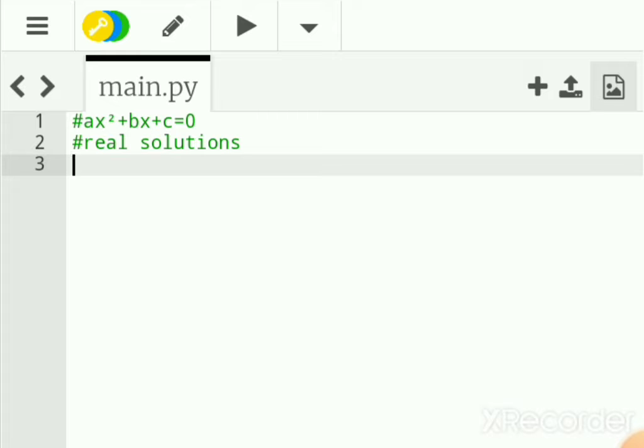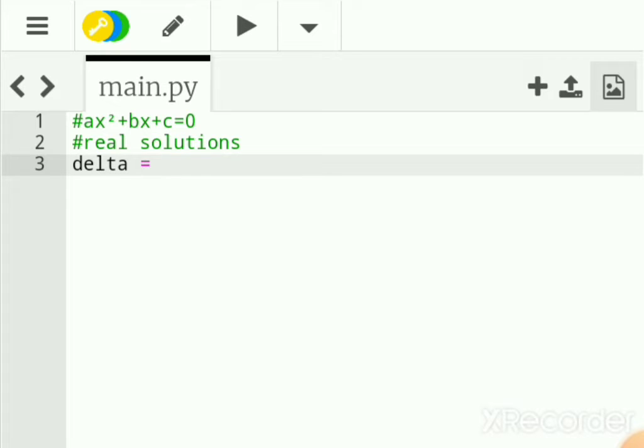As we know in math, the general solution of this equation is given by these processes. The first thing to do is to calculate delta of this equation. So delta is equal to b to the power of 2 minus 4ac.